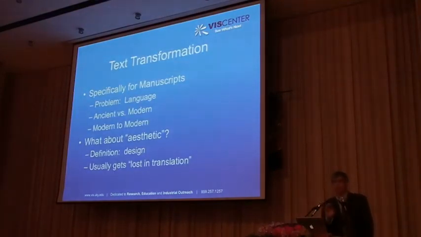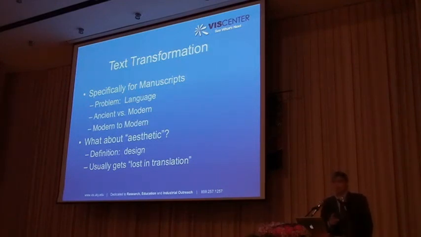Okay, so we've done registration, alignment, we've done flattening. Let's talk quickly about a new area that Dr. Seales is very interested in. This is called text transformation. The idea is you have these manuscripts, they're in a language, maybe they're in Latin, maybe they're in Oracle bone script.